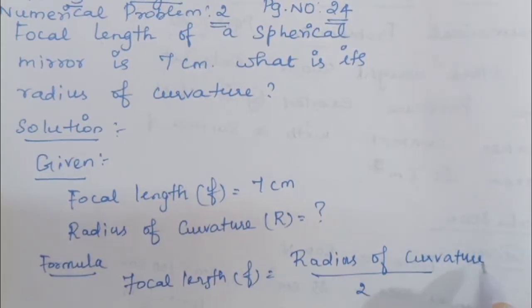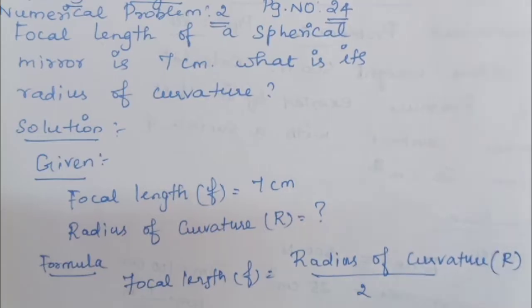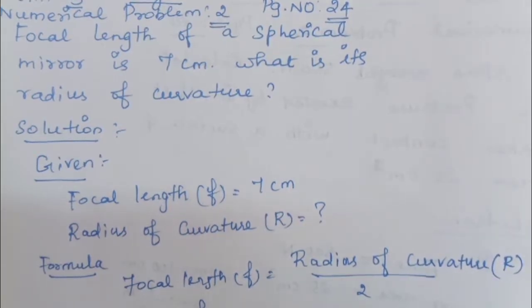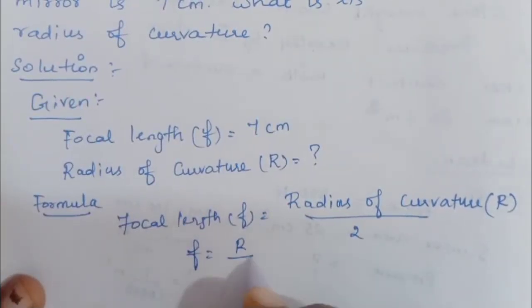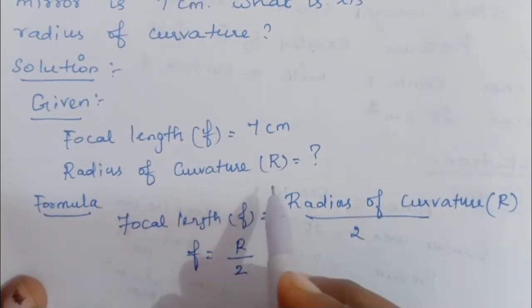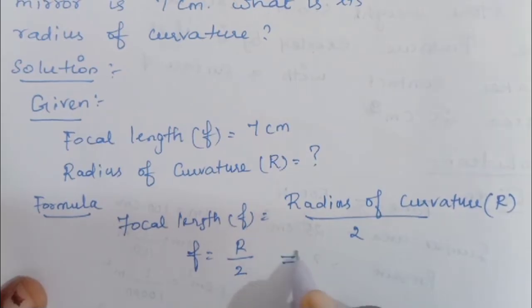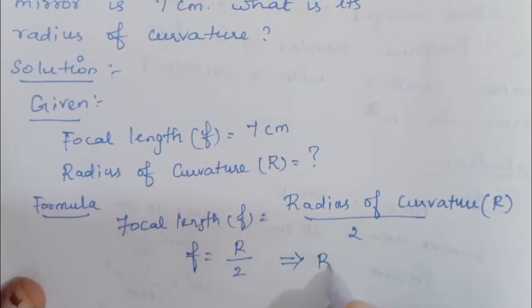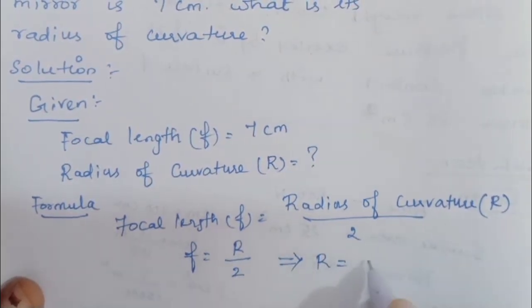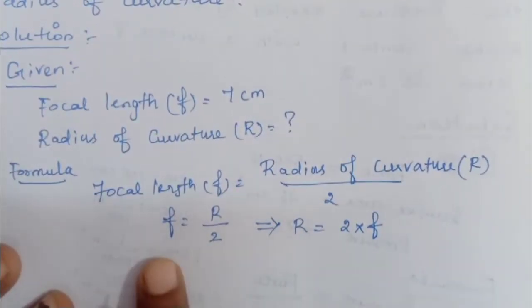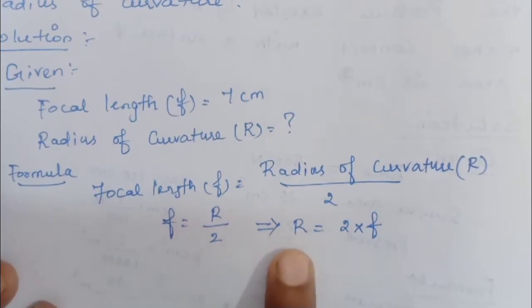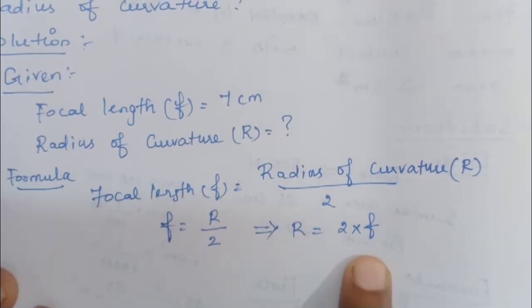Radius is capital letter R. So simply I should write here f is equal to R by 2. We have to calculate R. Clear? So it implies R is equal to, this 2 will go to the numerator, so 2 times focal length. So R is equal to 2 times focal length.